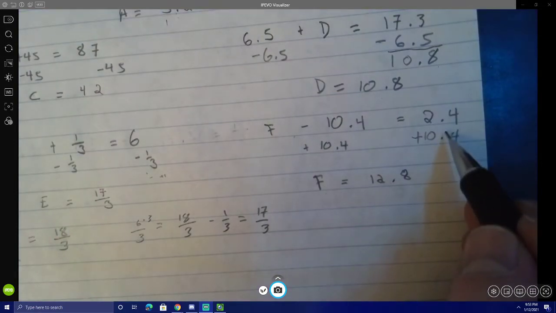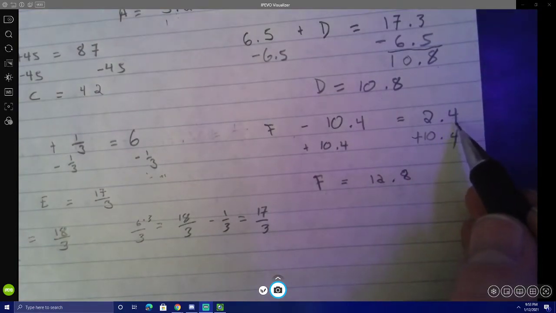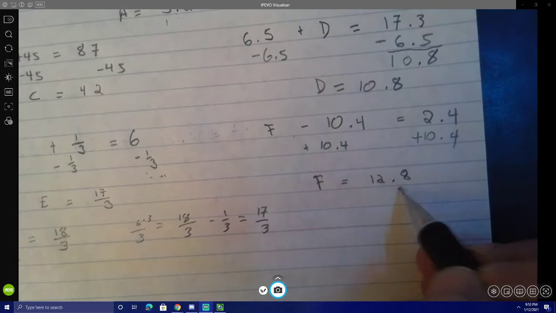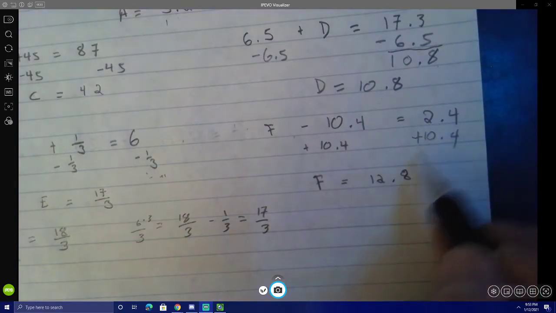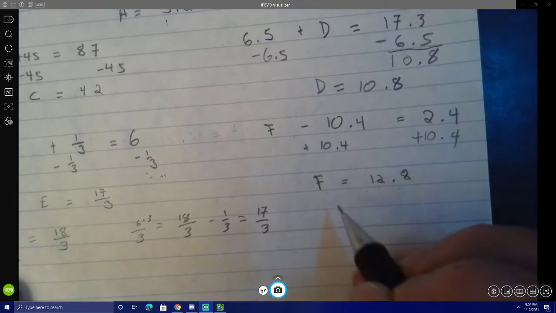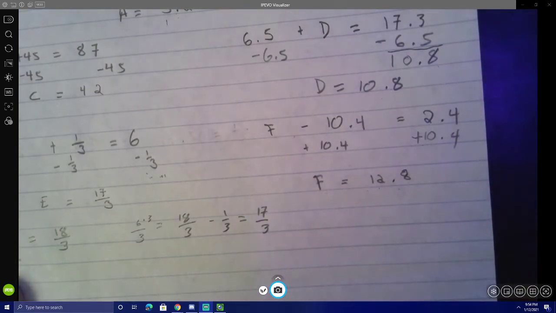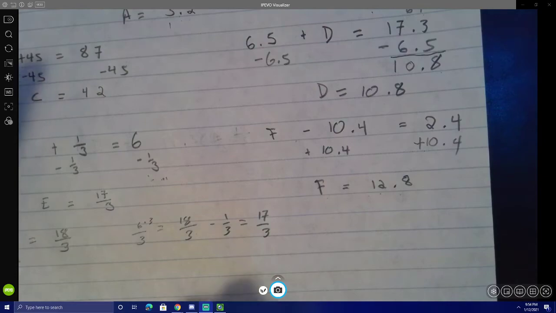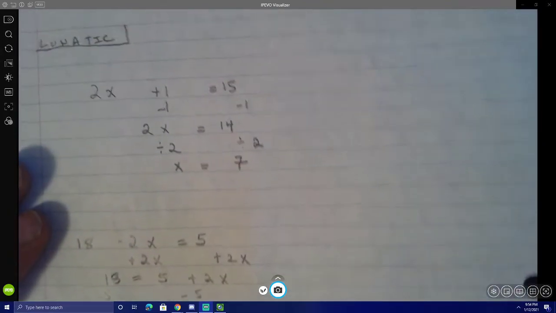Again, I lined up my decimals here. 0.4 plus 0.4 is equal to 0.8. Then I'm left with 2 plus 0 is 2, and then my 1, leaving me with f is equal to 12.8.